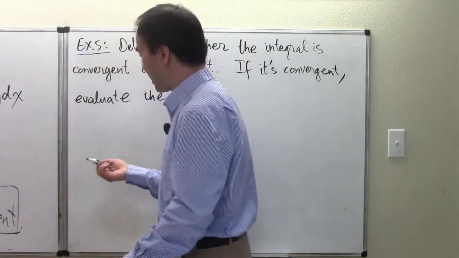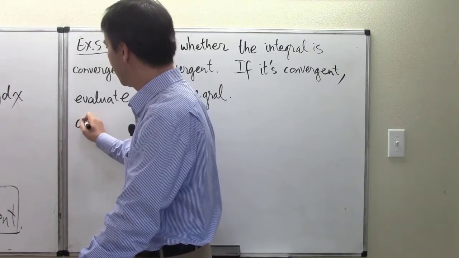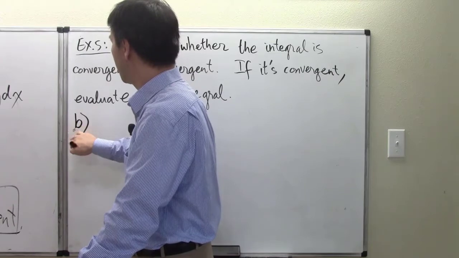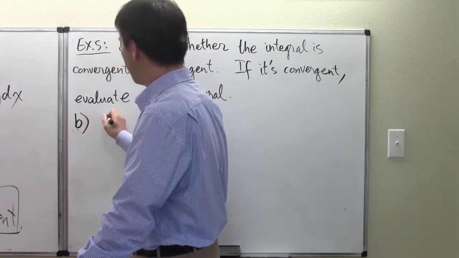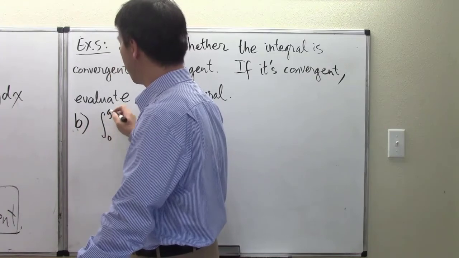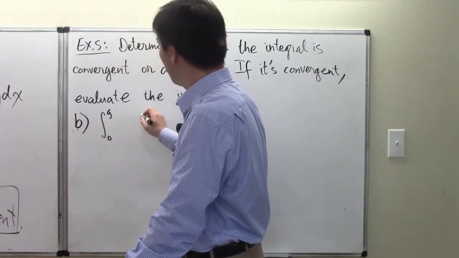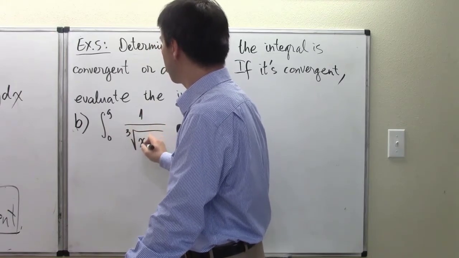Okay, so the one I have here, let's look at part B. How about from 0 to 9? And the integral we have here is 1 over cube root of x minus 1.